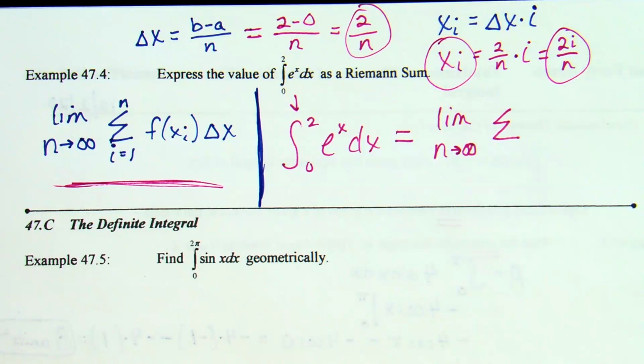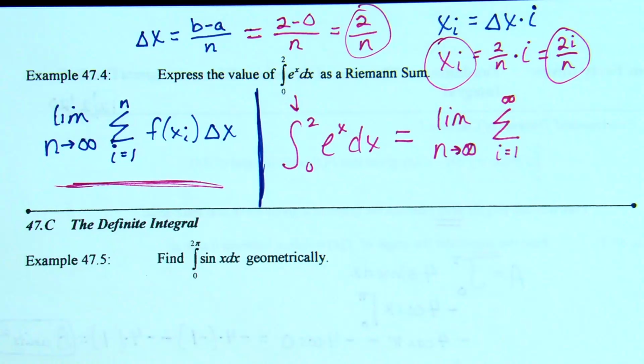I hate to use the word always. In fact, I can't use the word always. But usually this part stays the same as well, in that it's just i equals 1 to n. Sorry, wrong part there.